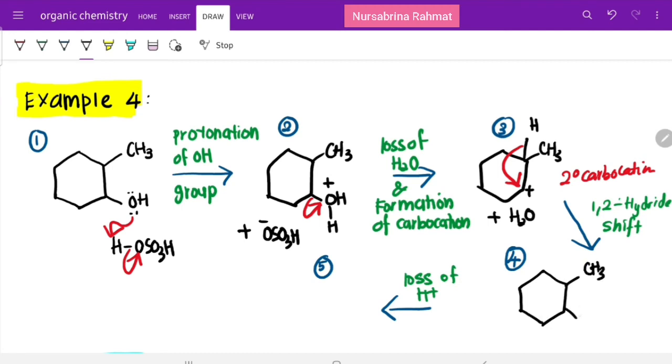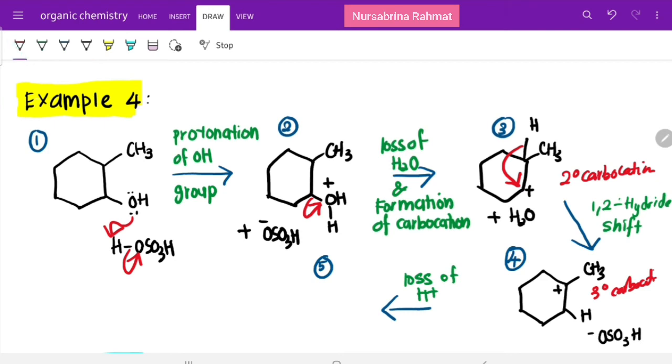Alright, so this is your tertiary carbocation. From this, we're going to lose H plus. We're going to use the nucleophile that we produced initially, which is your O negative SO3H.